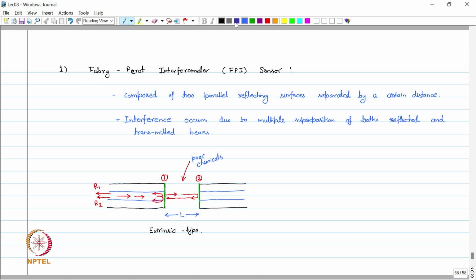The other case we can make is the intrinsic type, where we are not cutting the fiber, we have a single fiber only.